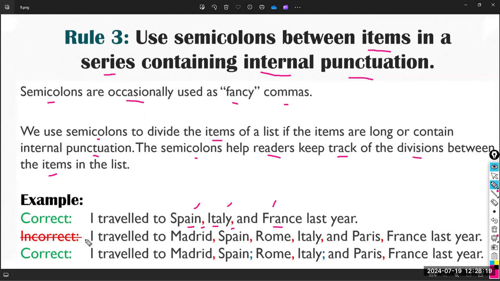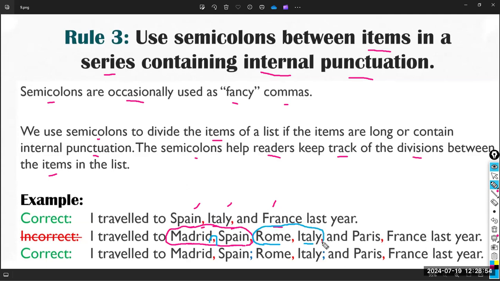Now, the wrong example is saying, I traveled to Madrid, which is in Spain. This is one category because absolutely Madrid is a city and Spain is a country. And if you watch the video about using the comma, you can notice that I have to separate cities from countries using a comma. But I need you to notice that when I said Rome, Italy, now this is a new category.